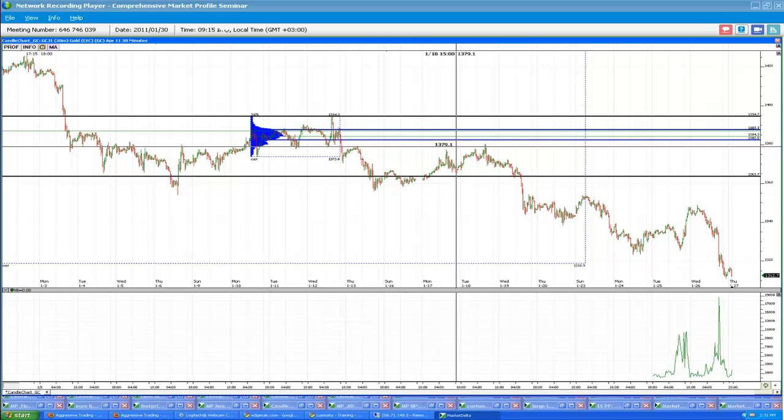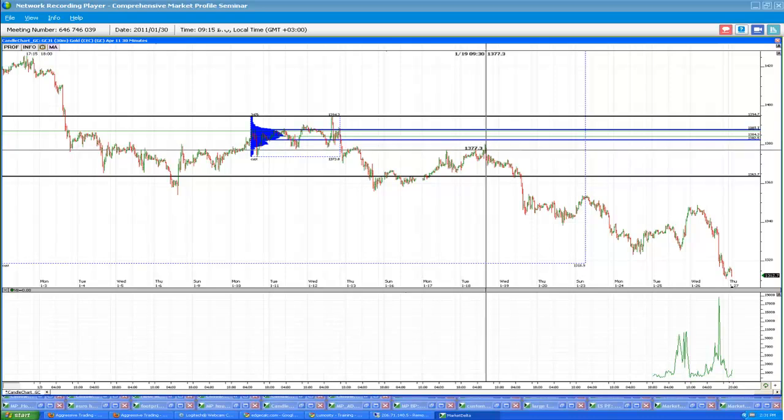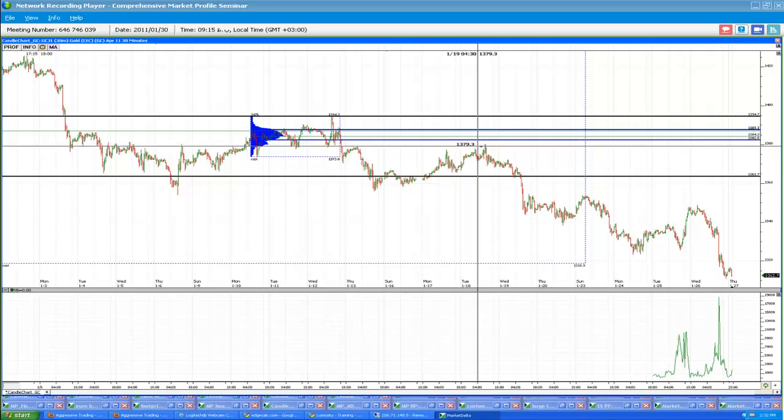Now you guys know what happened afterwards, but this is actually a spot where a lot of our room members went short. They actually got short at 77.70. I think, Robin, you took that trade, didn't you? This is a very aggressive trade, isn't it?